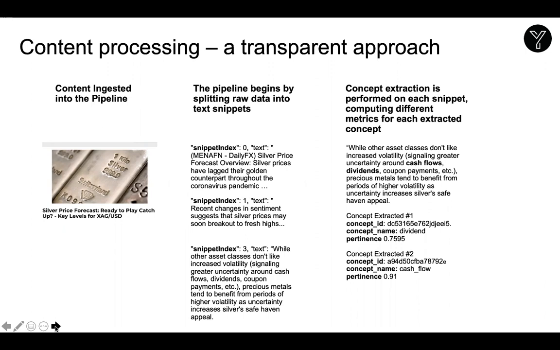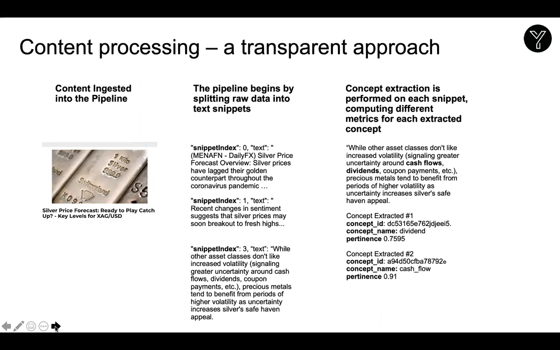The first thing our pipeline does is to split the raw unstructured text into what we call text snippets. A snippet is a section of text. The key thing about this is that through splitting the text into snippets, you're able to take somebody back to the exact section of text that they're interested in. That's super useful in terms of the end product.